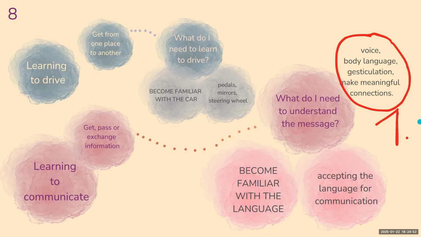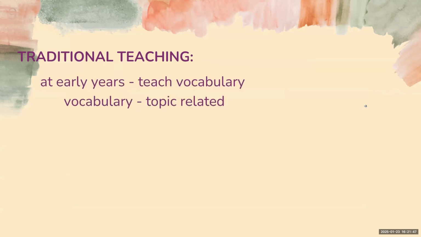the vocabulary. So if we now sum up the basic difference between traditional and communicative teaching, we can say that with traditional teaching in early years, the focus is teaching vocabulary, which is topic related and learned by topic associations, like doing a shopping list, foods together, clothes together, colors together.